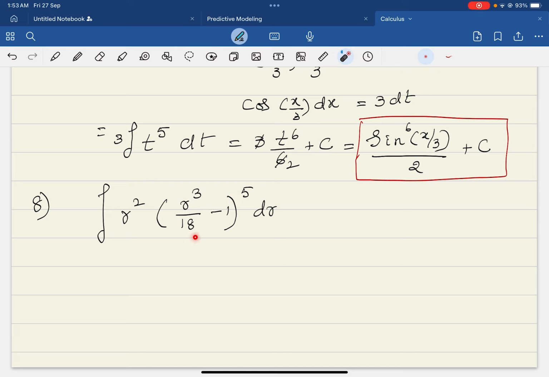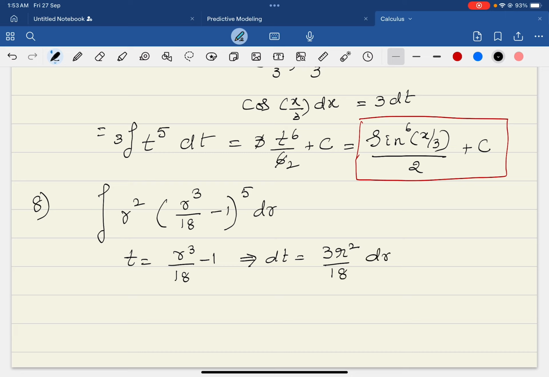The power is 5 here. So we have to take this as the substitution. So let us take t as r cube over 18 minus 1. So then what is the derivative of r cube? The derivative of r cube is 3r square over 18 dr.